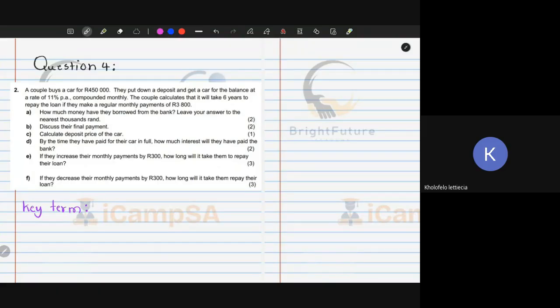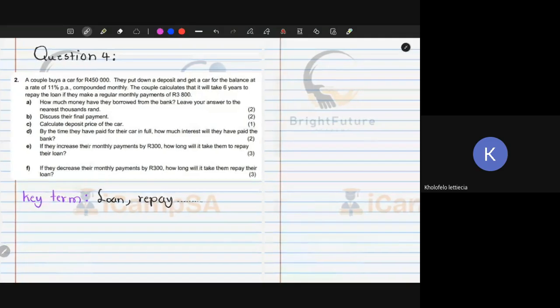A loan and repay. Okay, so if you look carefully, there's loan somewhere there and repay. And many others which you could choose. But once we see loan and repay, we should remember that what we are dealing with is a present value annuity.